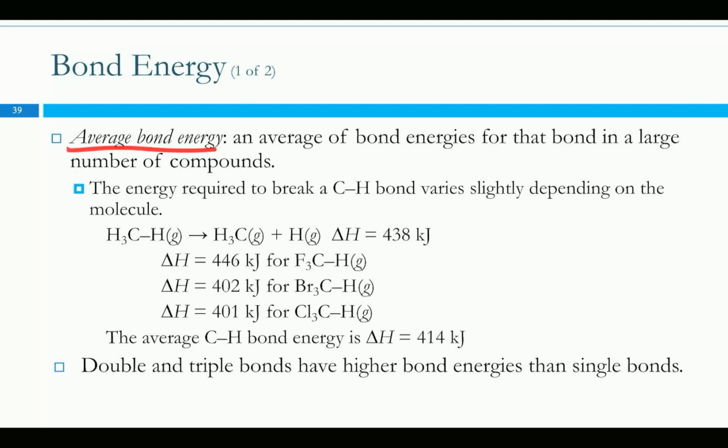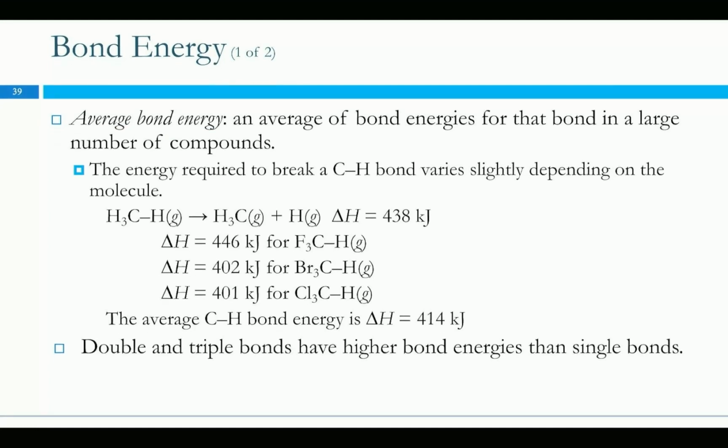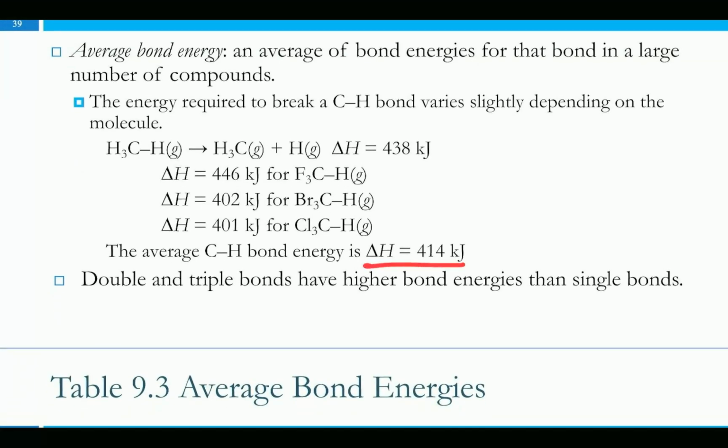These are average bond energies. For example, a carbon-hydrogen bond in a bunch of different compounds is on average going to be 414 kilojoules. For some things it's going to be stronger, for other things weaker, but we can have an average bond energy, and so for any carbon-hydrogen bond we can make a guess at what that bond energy is. There are tables of these average bond energies where you'll have a single carbon-hydrogen bond.